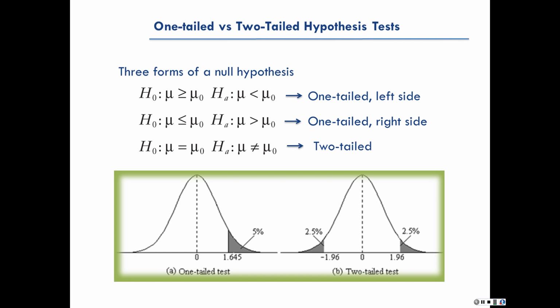Our alternate hypothesis, so that's probably the status quo, say BMI equals 25 on average in the population. Our alternate hypothesis, where we're trying to disprove the status quo, is that the mean actually equals some other value. Say we just think BMI is different than 25.